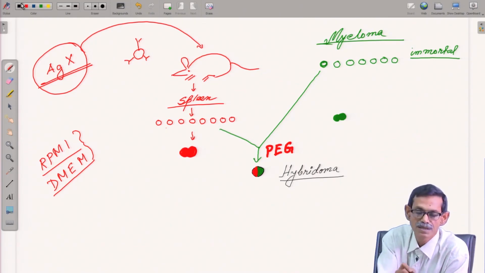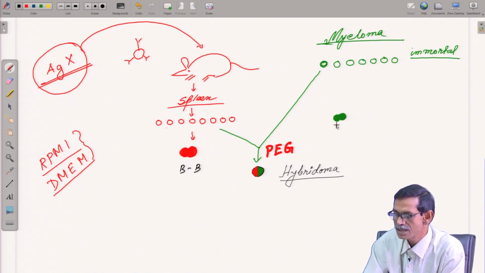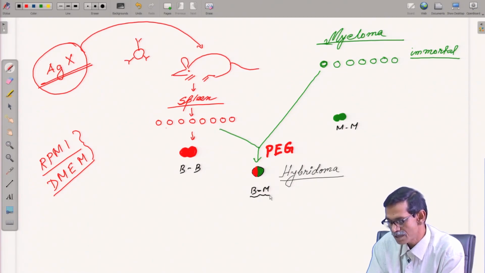This is BB fusion, and this is myeloma fusion, and this is B cell and myeloma fusion, and we want this.